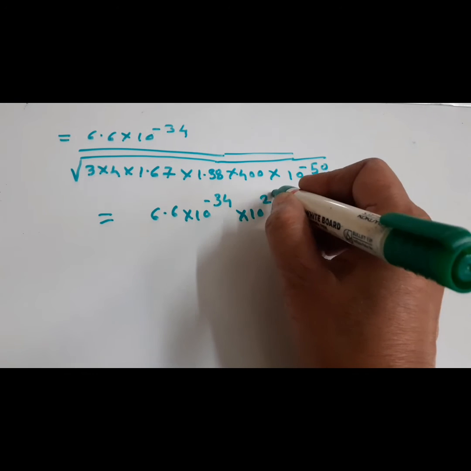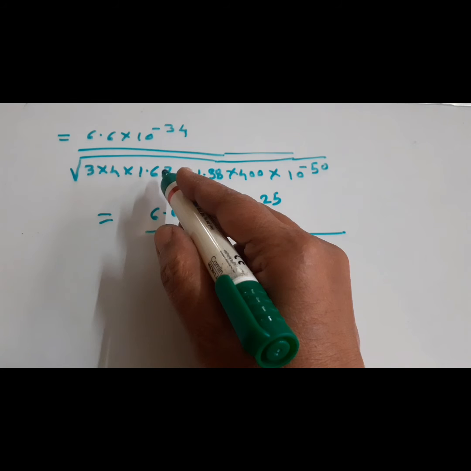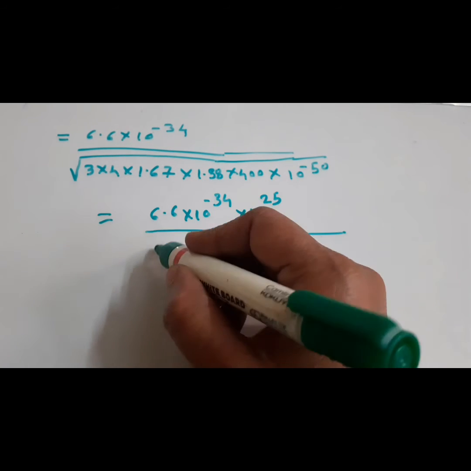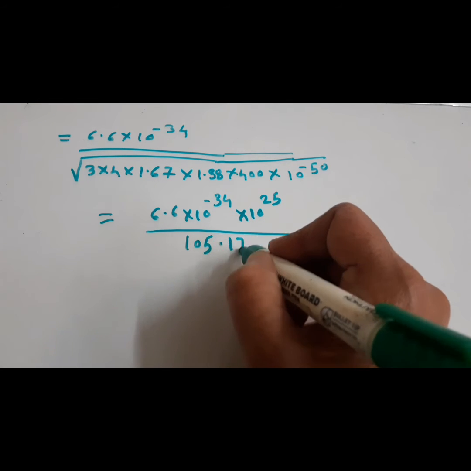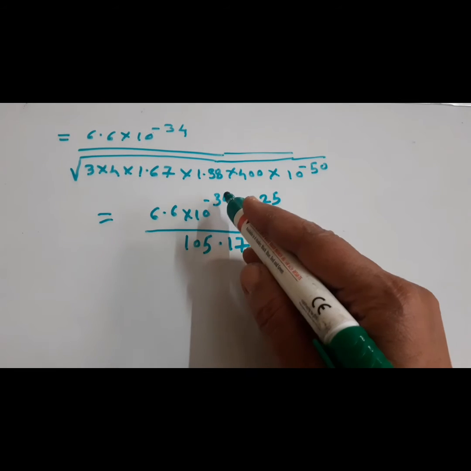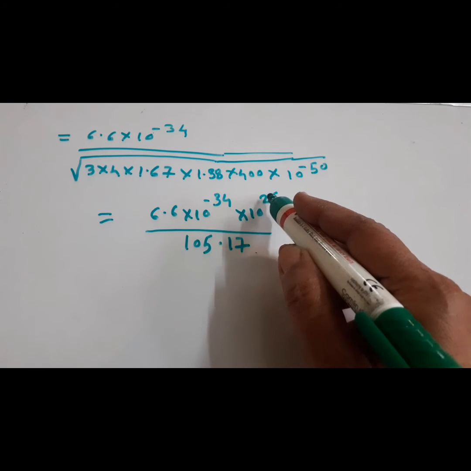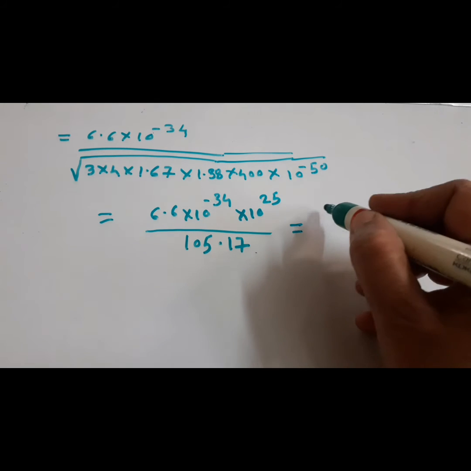The root of 3 into 4 into 1.67 into 1.38 into 400 is equal to 105.17. So we get 6.6 into 10 to the power minus 34 into 10 to the power plus 25 divided by 105.17.